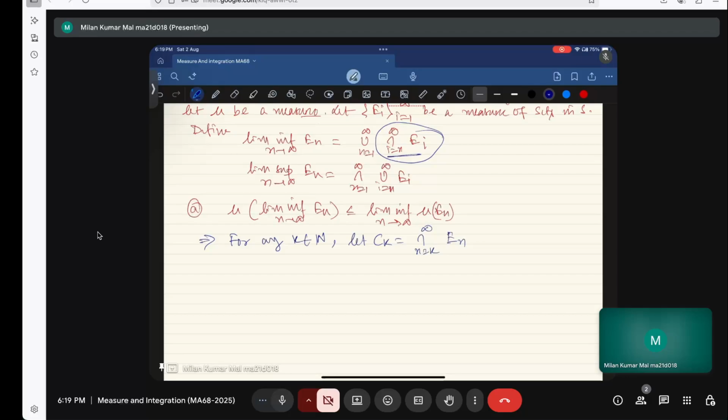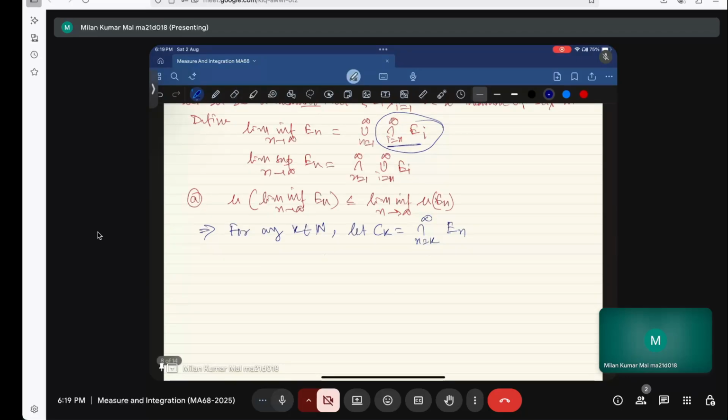From here we can say that Ck is a subset of Ck plus 1, because if we increase k, the number of intersecting elements will be lower, so the intersection is larger.